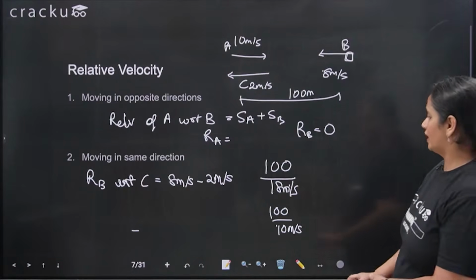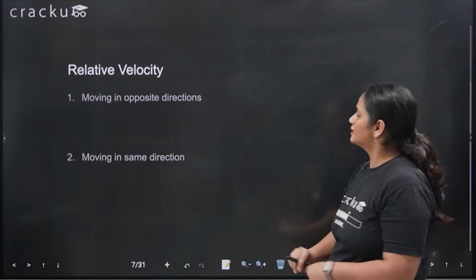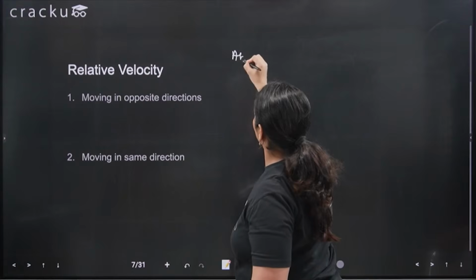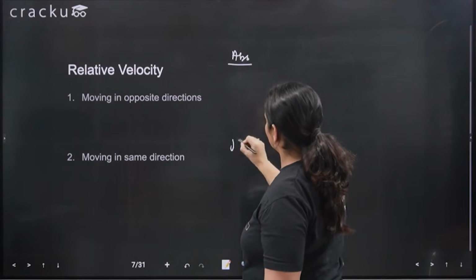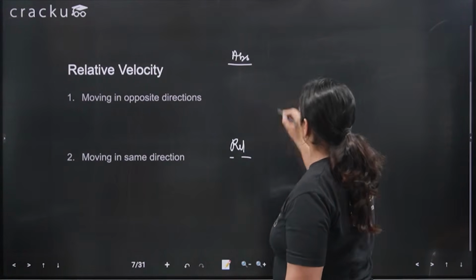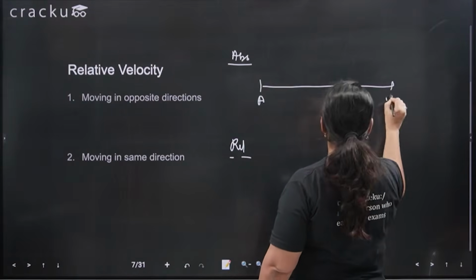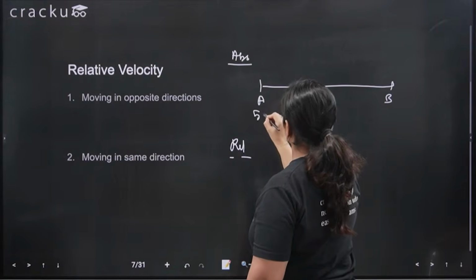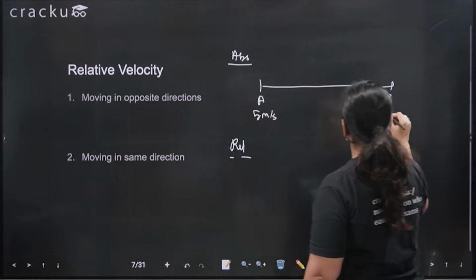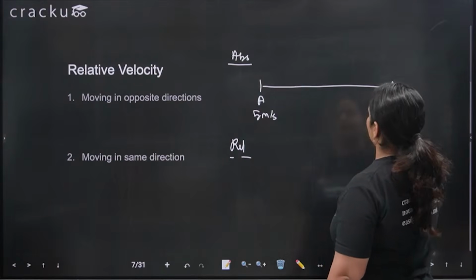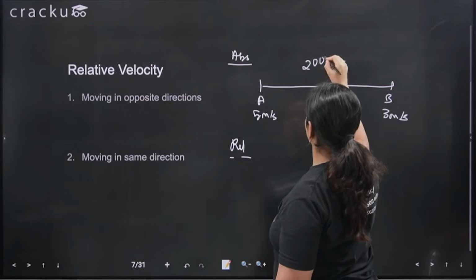Let's consider the absolute frame of reference versus the relative frame of reference. Suppose A and B are running towards each other. A is 5 meters per second, B is 3 meters per second, and suppose the distance is 2000 meters.